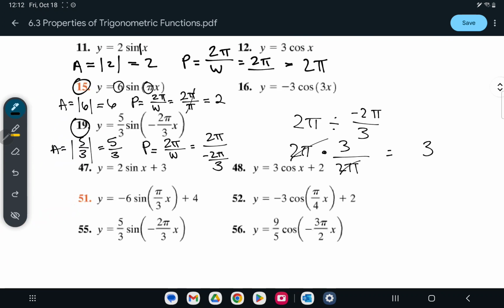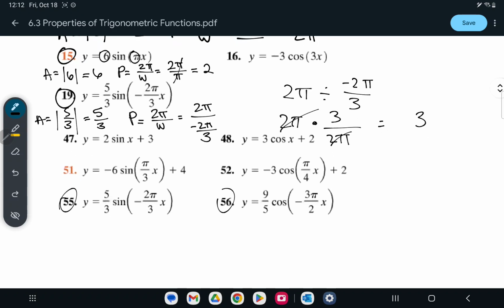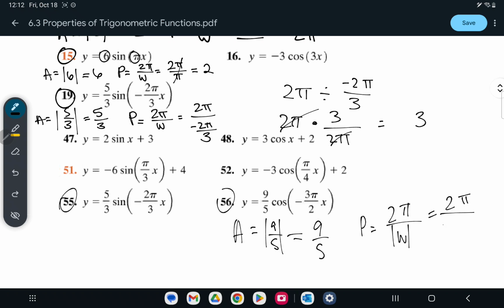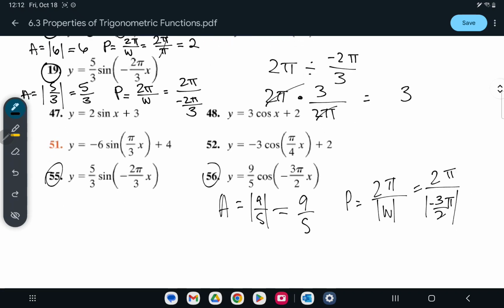Let's do another one. Look, 55 is the same as 19. That's funny. Let's look at 56 because that's another negative one. Amplitude, absolute value of 9/5, so it's just 9/5. The period, 2 pi over the absolute value of omega. So 2 pi over the absolute value of negative 3 pi over 2.